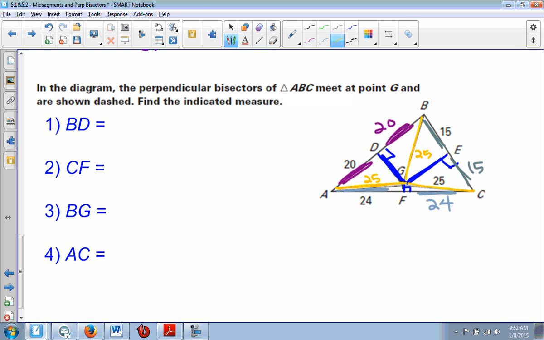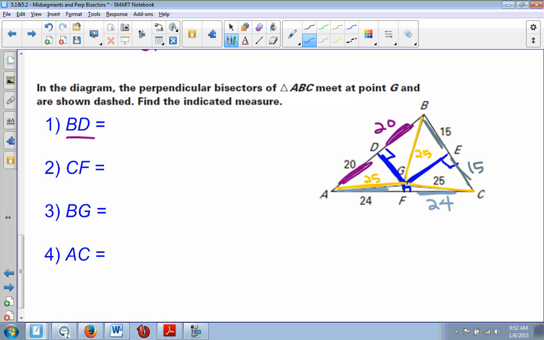They all have to be 25. Because we learned above that any segments that are connected to the perpendicular bisector have to be the exact length because they're the same distance from the endpoints of the segment. So that means I've got all of the lengths possible labeled on my picture, so we just have to copy down the ones that are asked for.